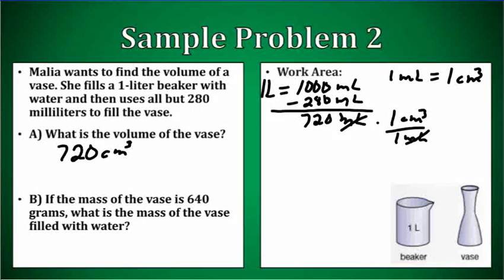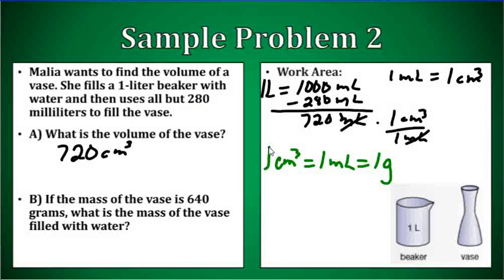Part B, if the mass of the vase is 640 grams, what is the mass of the vase filled with water? So again, we're going to be using the conversion of 1 cubic centimeter. It's the same as 1 milliliter, which is the same thing as 1 gram.